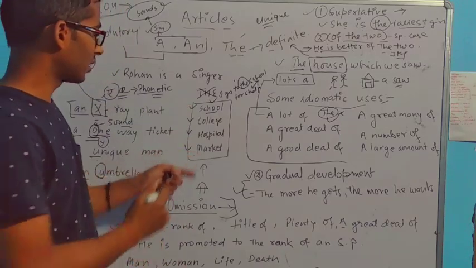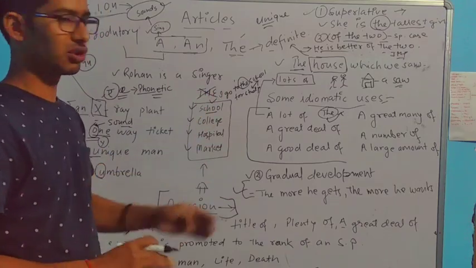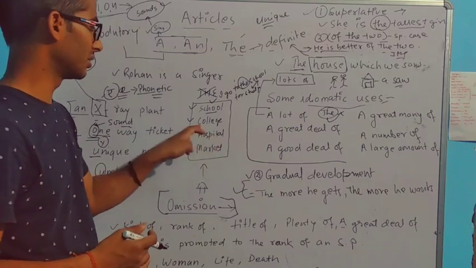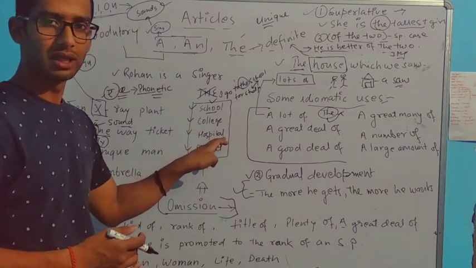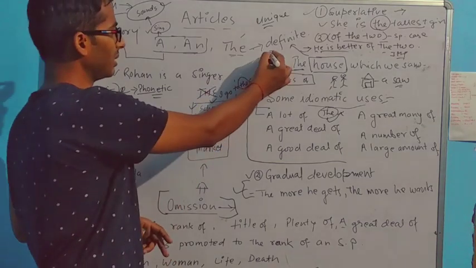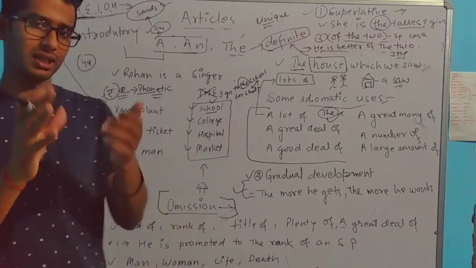Same thing happens with college, hospital, and market. Means if we are going there for our general work, we will not say I go to the hospital, he goes to the hospital, unless we want to make it definite. Let me tell you one example.